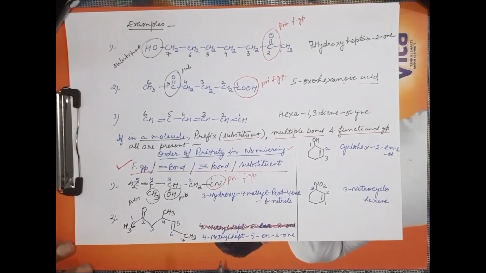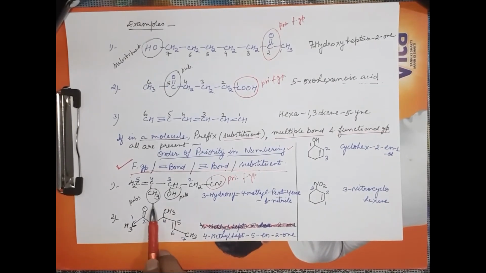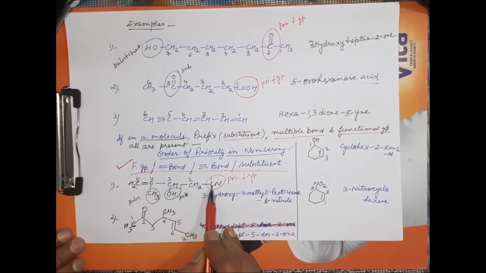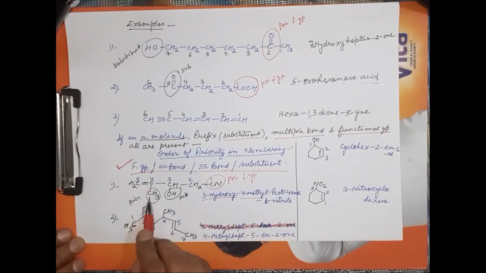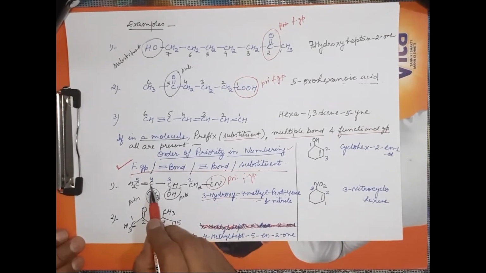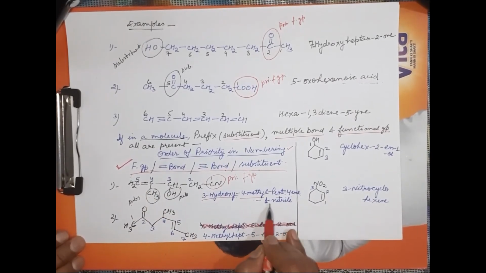So what will be the name? First, substituents will come as a prefix, and because two substituents are there, their names have to be written in alphabetical order. So first will come 3-hydroxy, because numbering we will do like this: 1, 2, 3, 4, 5. So position of hydroxy group is 3. Then 4-methyl, 5 carbon atom chain, pent, and double bond is there, 4-ene, and 1-nitrile.